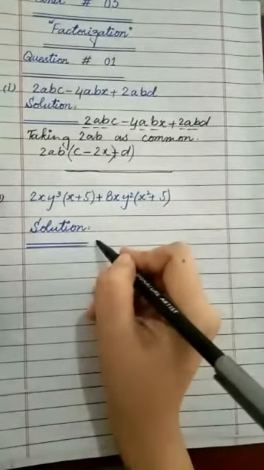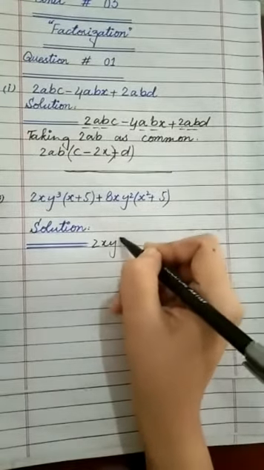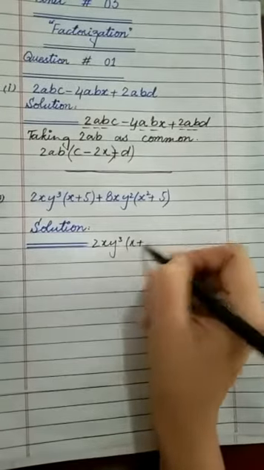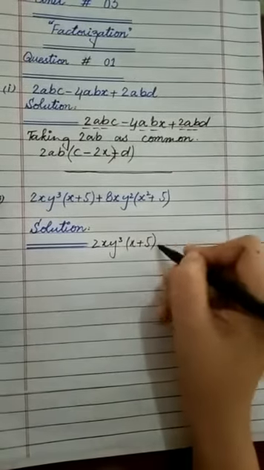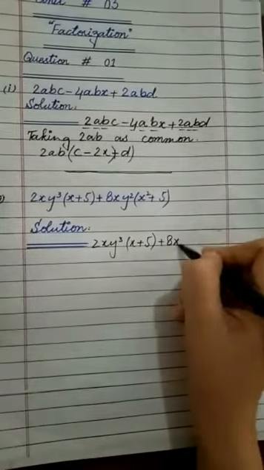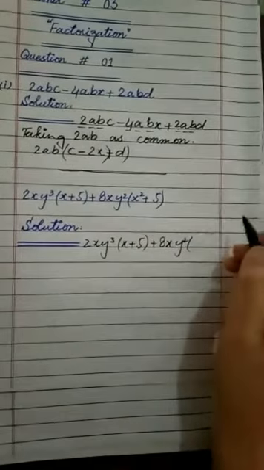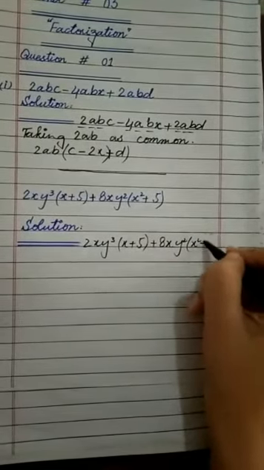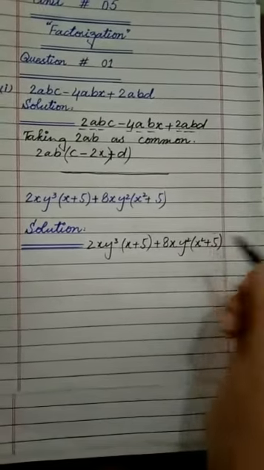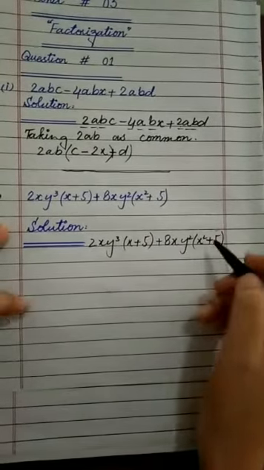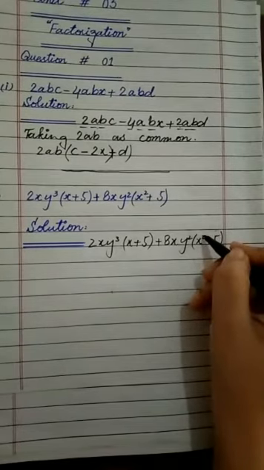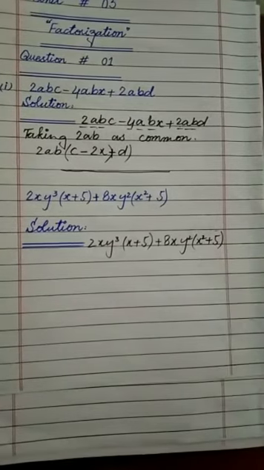That is 2xy cube into x plus 5 plus 8xy square into x square plus 5. Okay students, here we will check what is common.